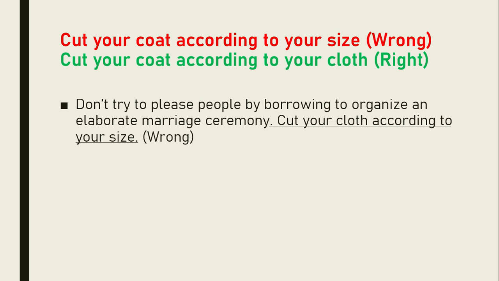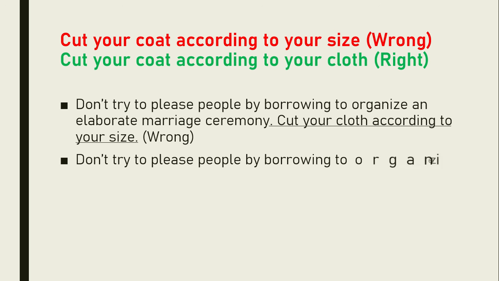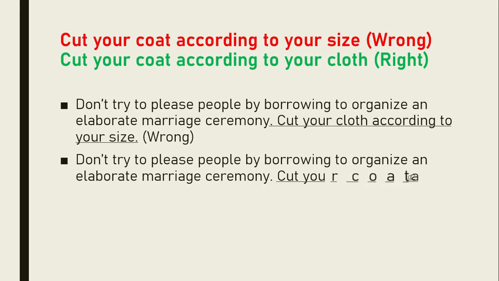Cut your coat according to your size is wrongly used. Here's another example: don't try to please people by borrowing to organize an elaborate marriage ceremony. Cut your coat according to your cloth, what is available to you, which is correct.